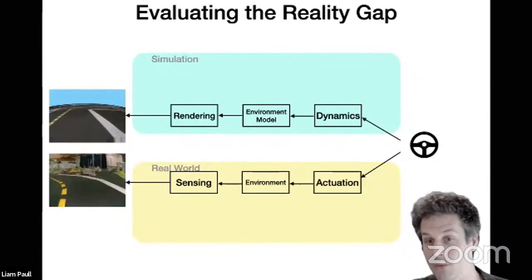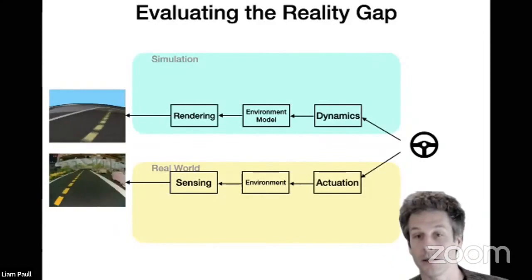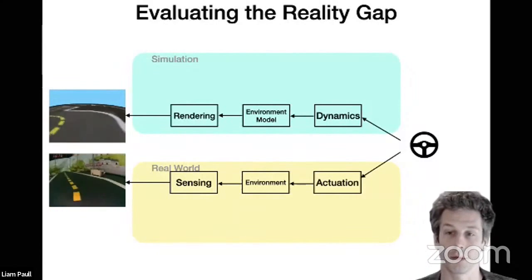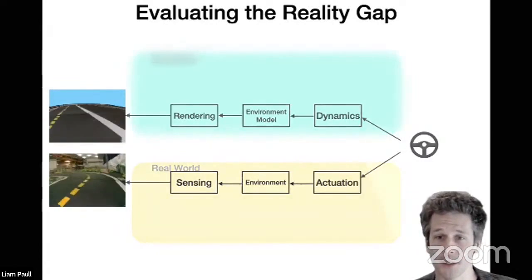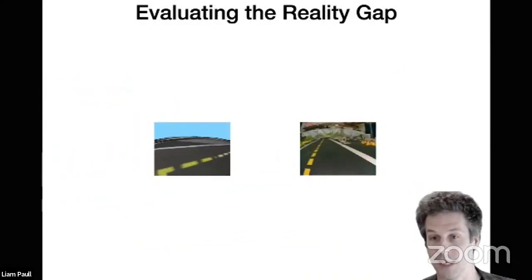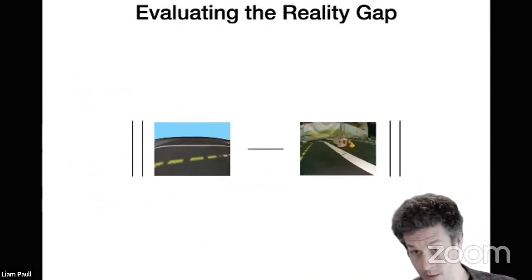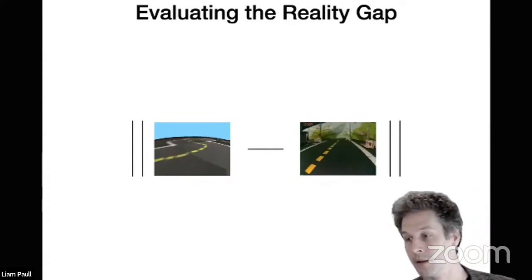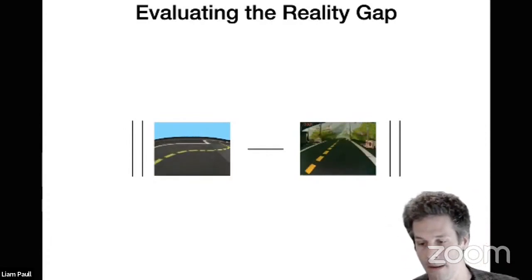We're going to get some rendered output in the case of the simulation, and we're going to get some real data log in the case of the real robot. So why don't we just take those two and see the difference between them? We can just evaluate, say, the pixel-wise L2 loss between this stream of data.